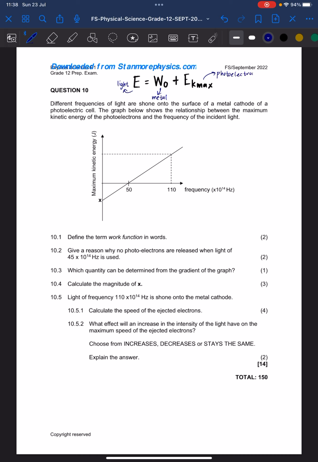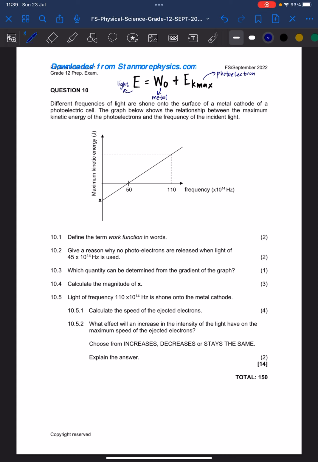So it's quite important, imperative, integral, any synonym you can come up with, to know the breakdown of this formula. Why? Because when you are given a graph like we have been here, you'll be able to take the information you're given and allocate it in the correct place. You'd know that this frequency belongs to the metal, or this frequency belongs to the incident light, or this velocity belongs to the photoelectron, to EK max.